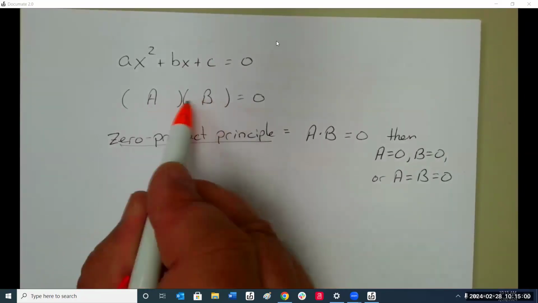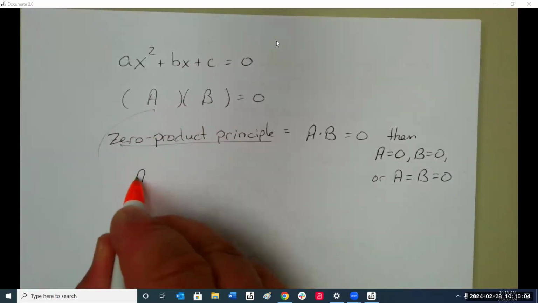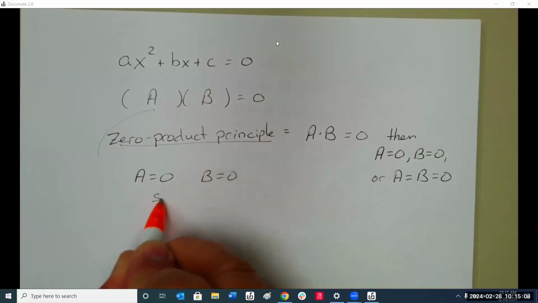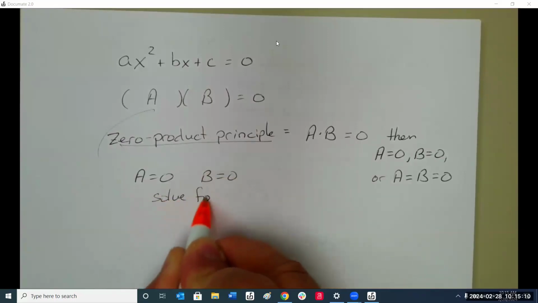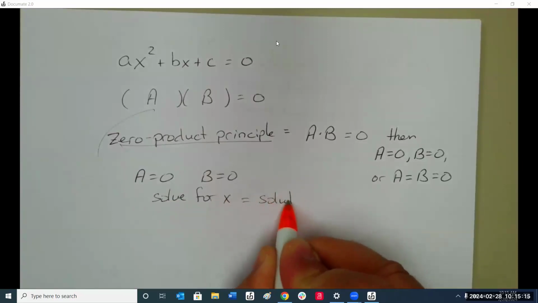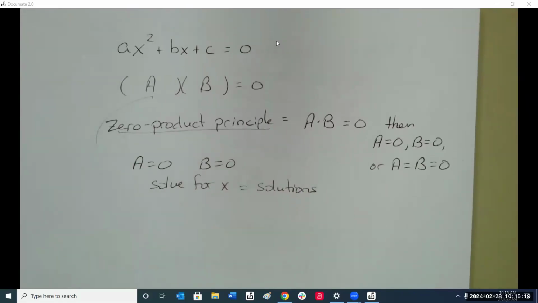So if that's the case, after we factor it, we take both of these factors and set them equal to 0, and then solve for x. Those are our solutions, which are the factors, which are the x-intercepts, which are the roots.